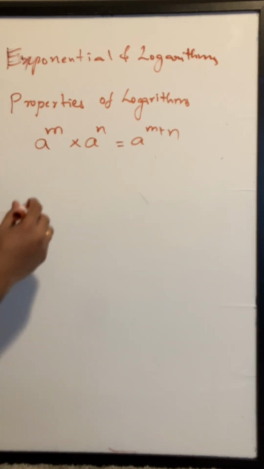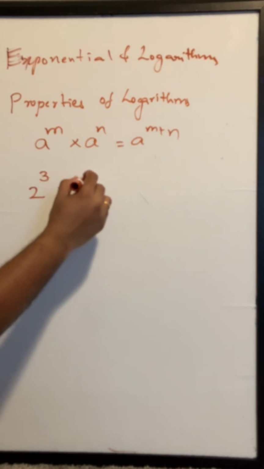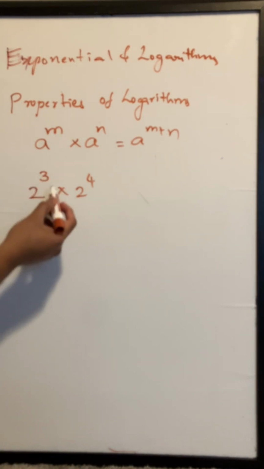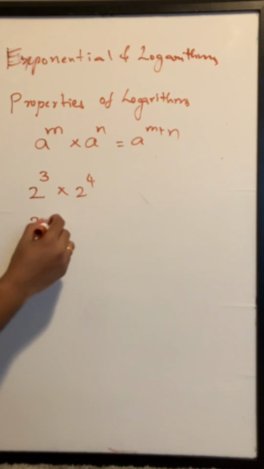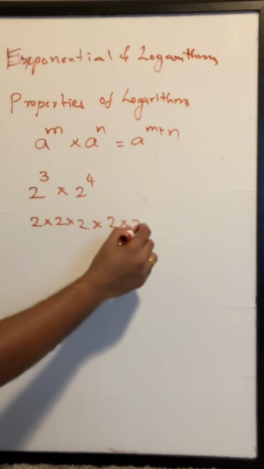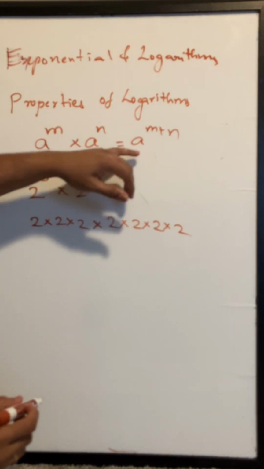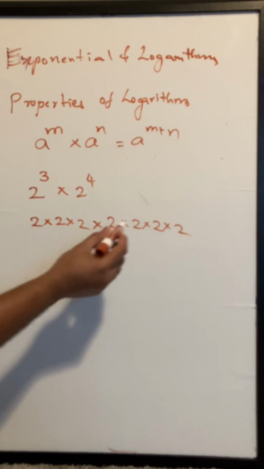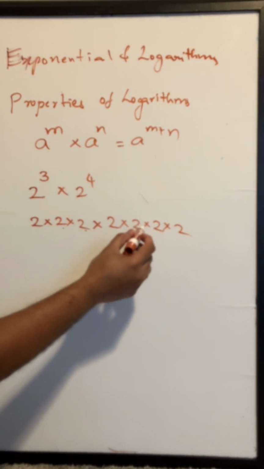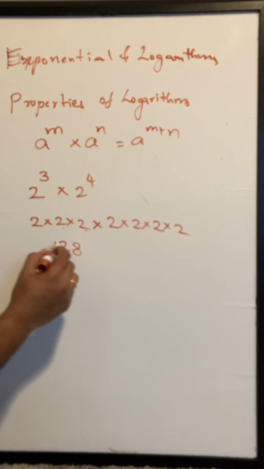For example, 2 to the power of 3 and 2 to the power of 4. If somebody asks this question, we can do 2 three times and 2 four times, because the bases are the same: 2, 4, 8, 16, 32, 64, 128.